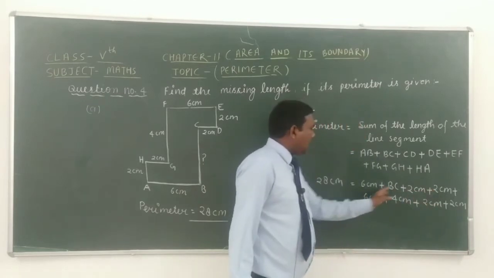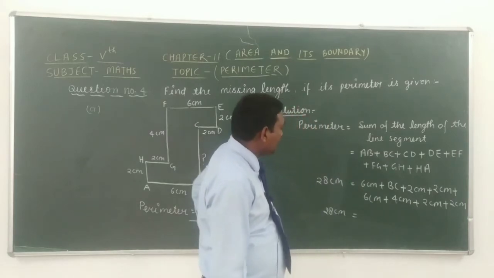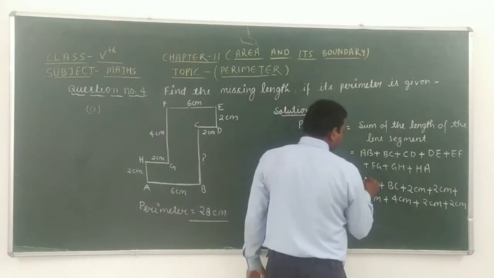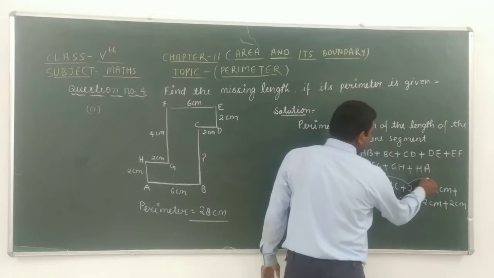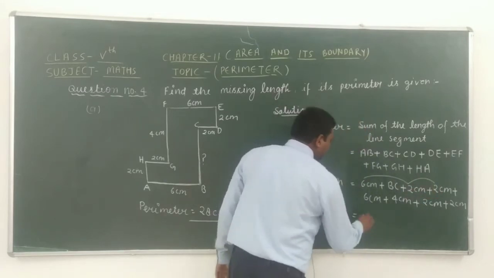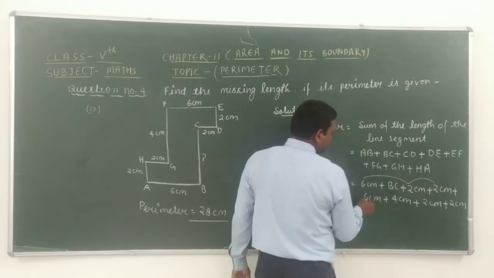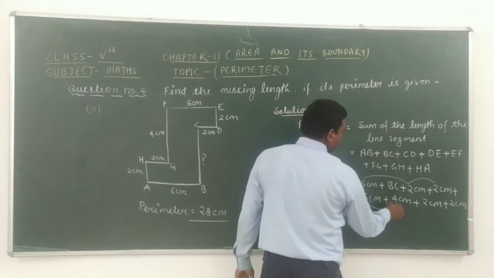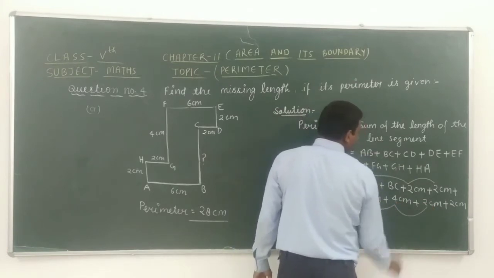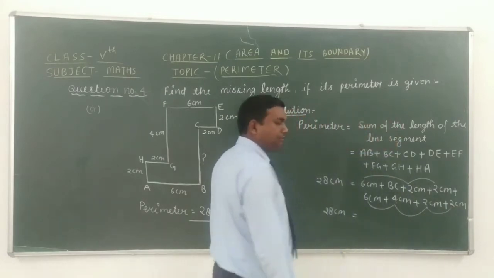We add all one by one, then we get 6 plus 2 is 8, 8 plus 2 is 10, 10 plus 6 is 16, 16 plus 4 is 20, 20 plus 2 is 22, and 22 plus 2 is 24.